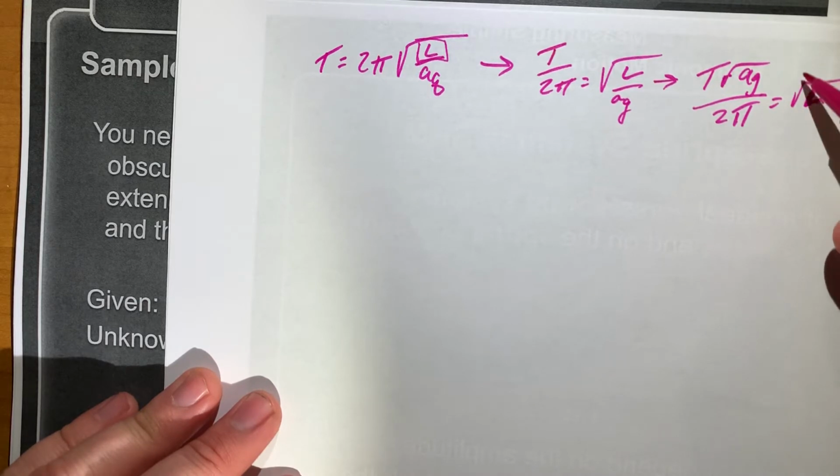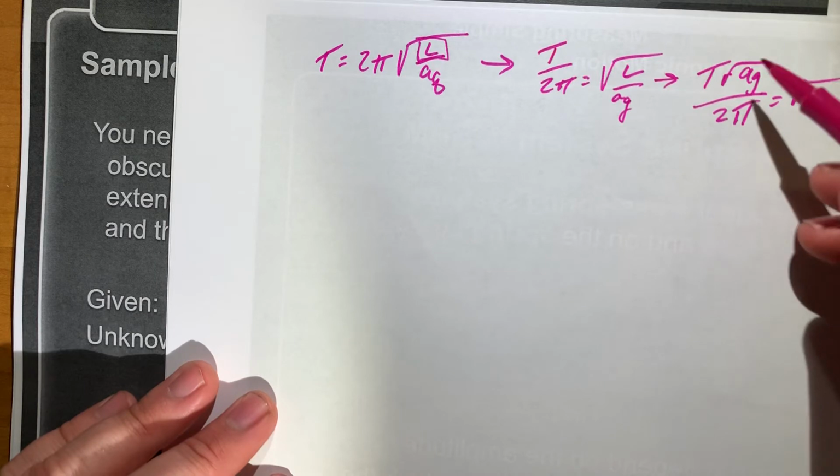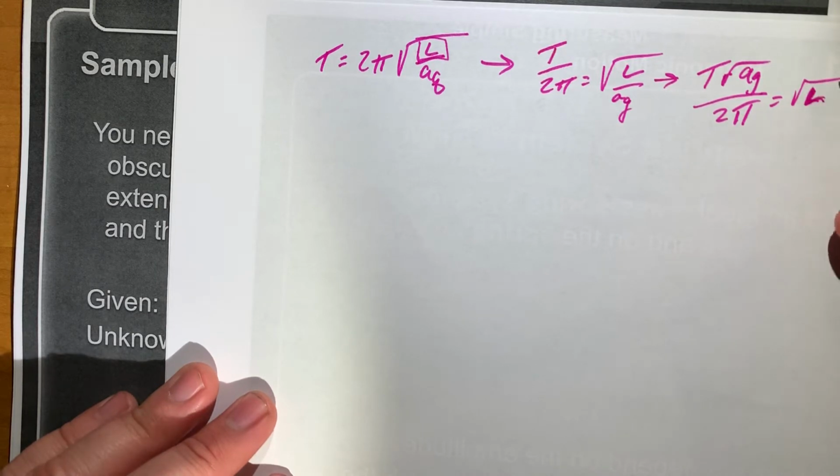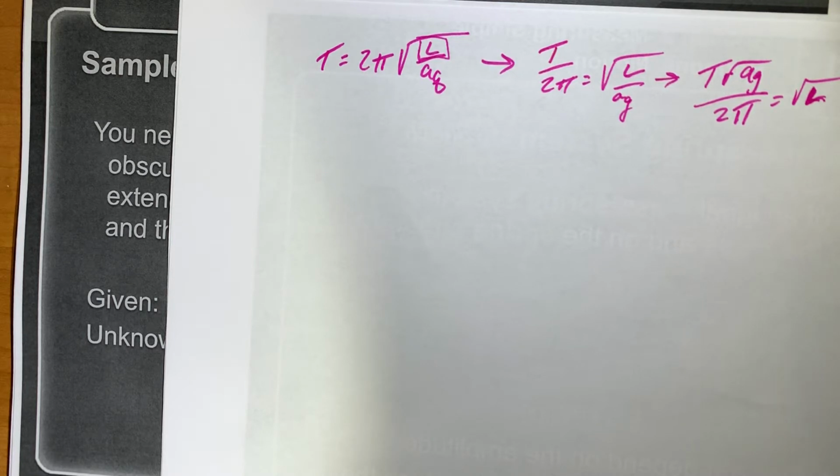We've got this pesky square root here, so we are going to square both sides to eliminate it. So eventually, we're going to have the working formula L is equal to T squared g divided by 4 pi squared.